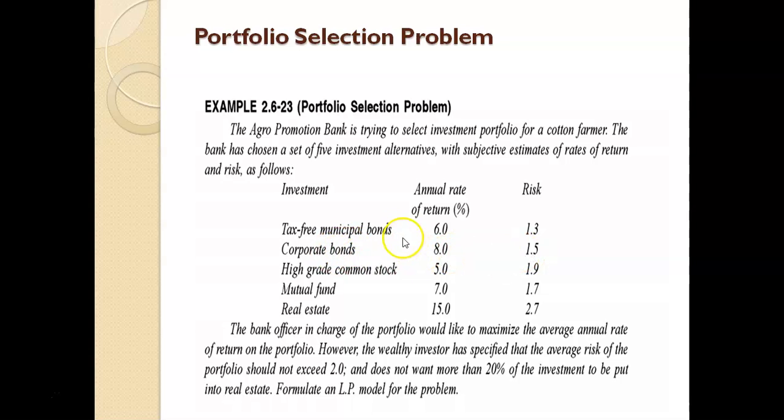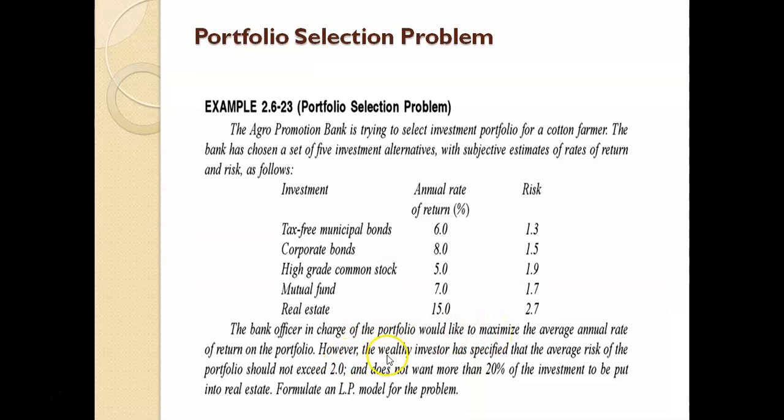Similarly, we have this data on all these 5 instruments of investment. Okay, the bank officer in charge of the portfolio would like to maximize the average annual rate of return on the portfolio. So here the objective function will be of maximization type.